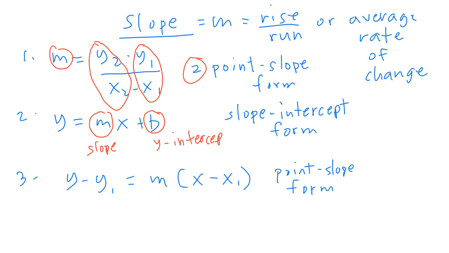Why is it point-slope form? You're given a slope and a single point. So here's the first point. So again, one point and a slope. So we call this formula the point-slope form.